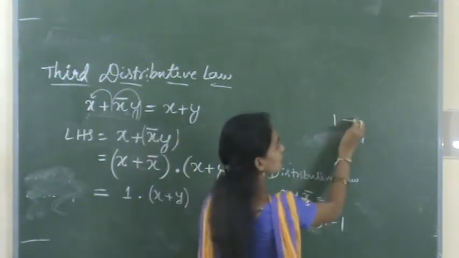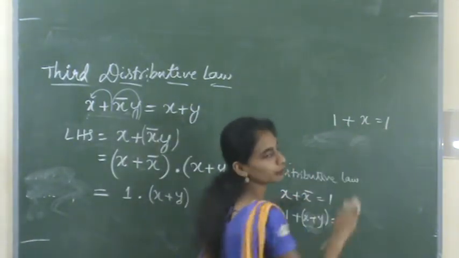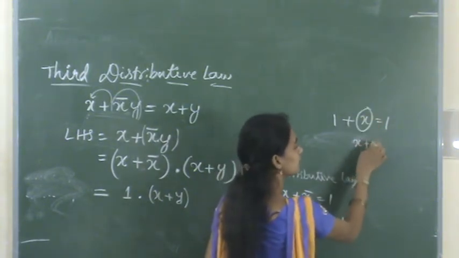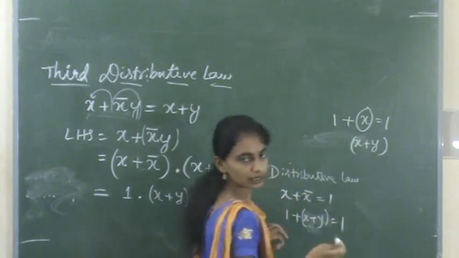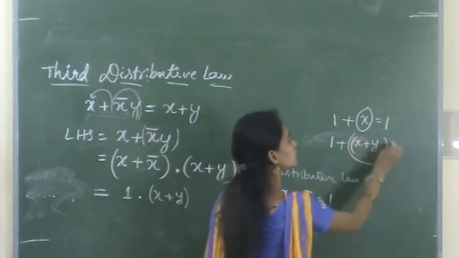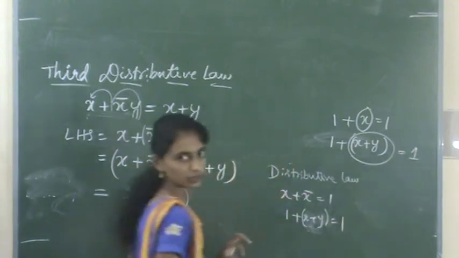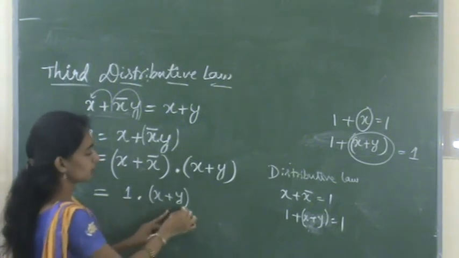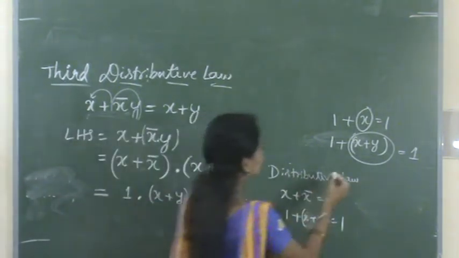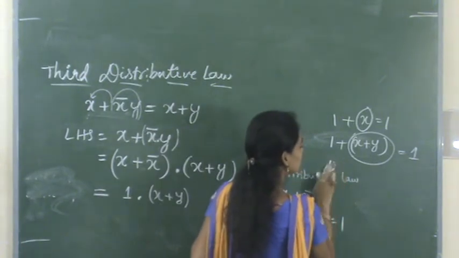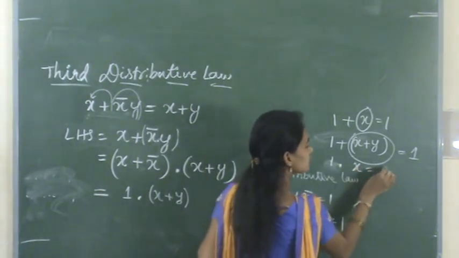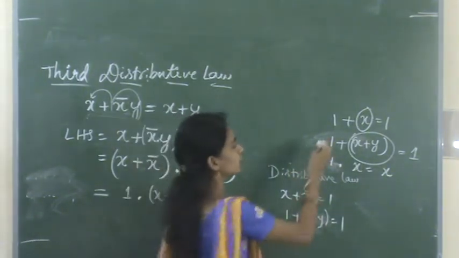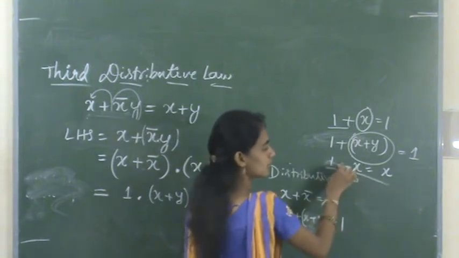So I told that 1 plus x is equal to 1 in the property of 1, right? So instead of x I have x plus y. There is no difference, right? So 1 plus this whole thing is equal to 1 only, right? So we have 1 into x plus y. So what is this? 1 into x is equal to x. So we have two properties in the property of 1, right? So one is this, another one is the AND operation.